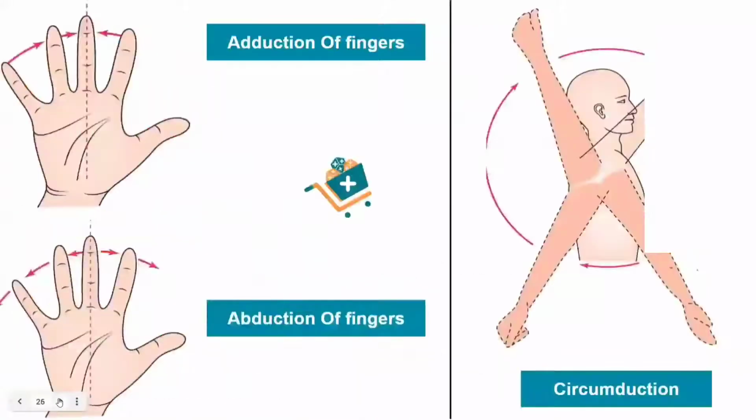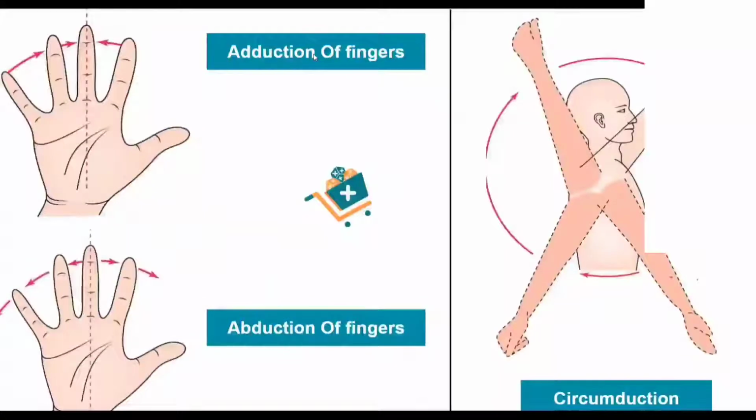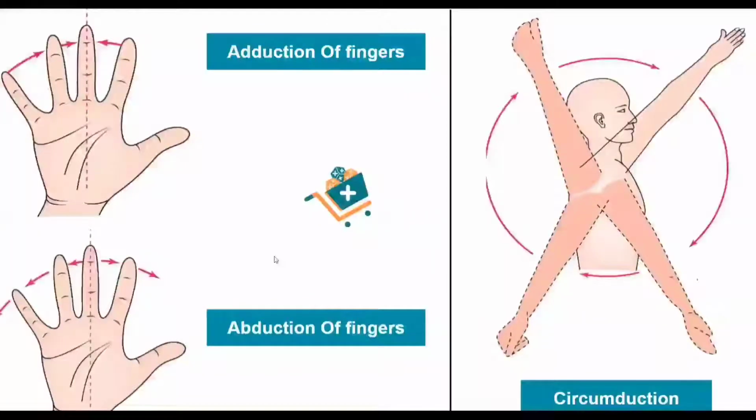And circumduction is when you move it in a 360 degree movement. When you move your shoulder joint like this in 360 degrees, that is circumduction. I hope you got an idea of adduction, abduction, flexion, extension, circumduction. Now moving on to the next slide.